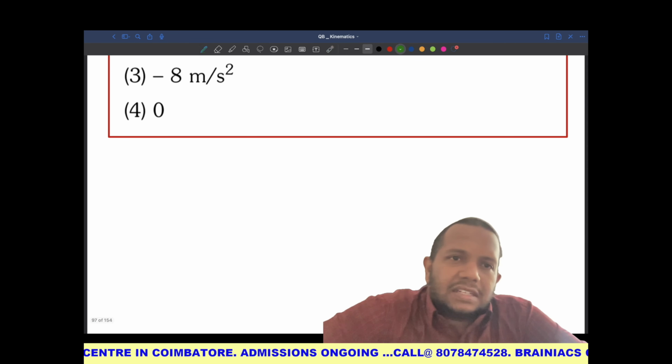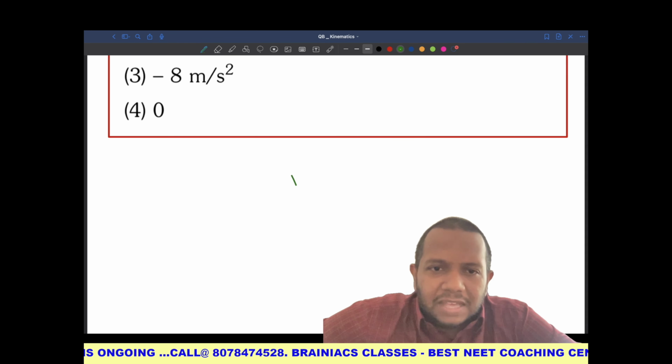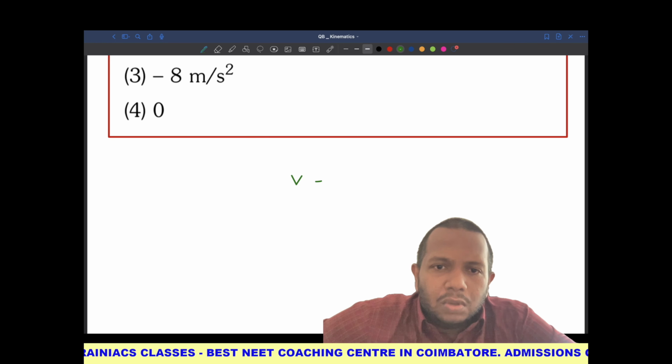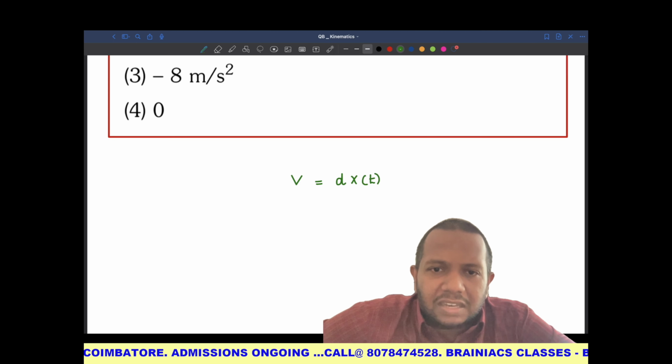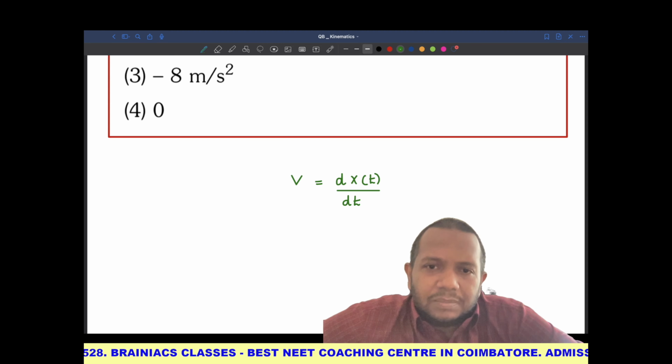So if you have distance given as a function of time, then velocity can be obtained as v is equal to dx by dt, where x is a function of time. So this is how you will get the velocity term.